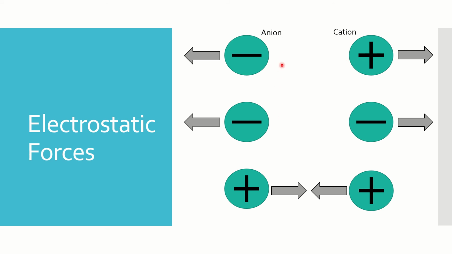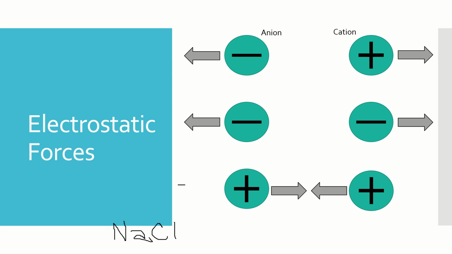Take, for example, a sodium ion and a chloride ion. We have a cation in sodium and an anion in chlorine. And when we put these together, they form a lovely compound that we like to eat called salt.